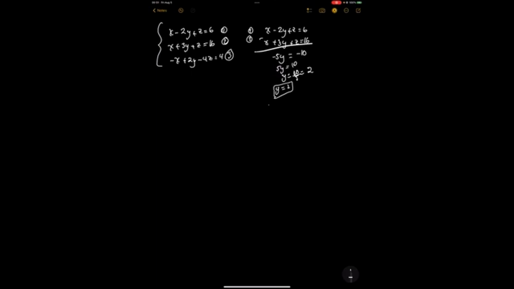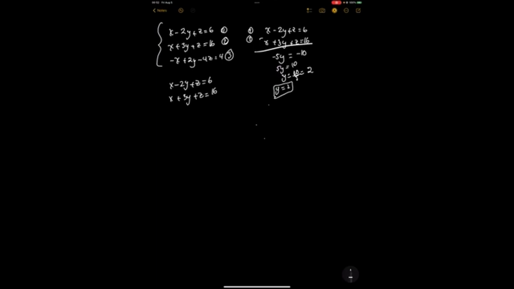So what can we do now? Before we go on, we need to choose another set of equations to find x or z. In this case, I'm going to use equations 1 and 2 again: x minus 2y plus z equals 6 and x plus 3y plus z equals 16.